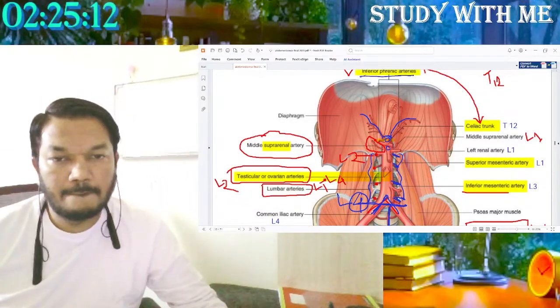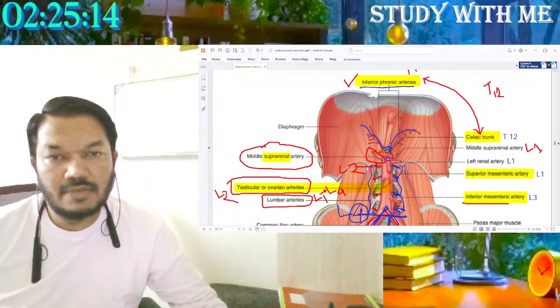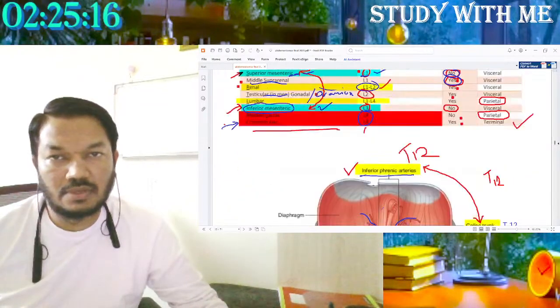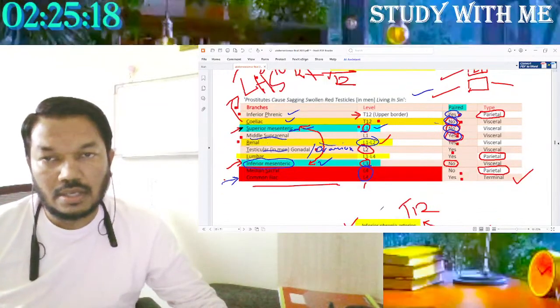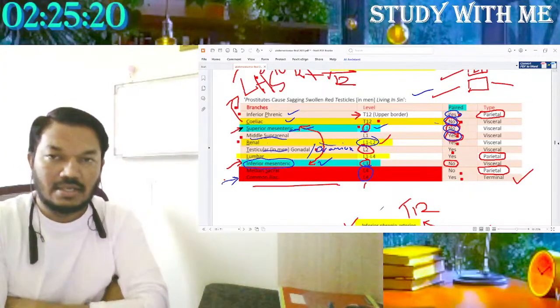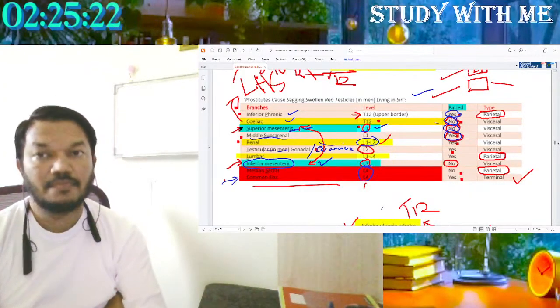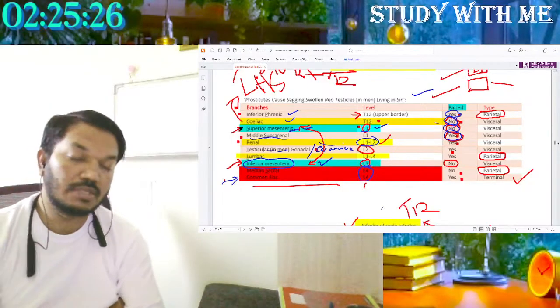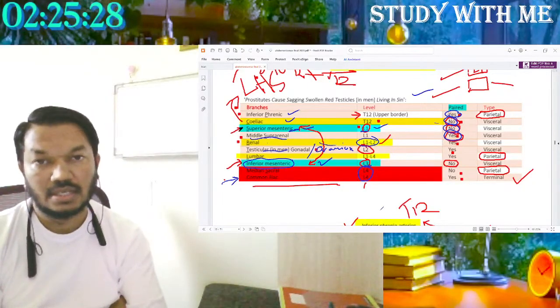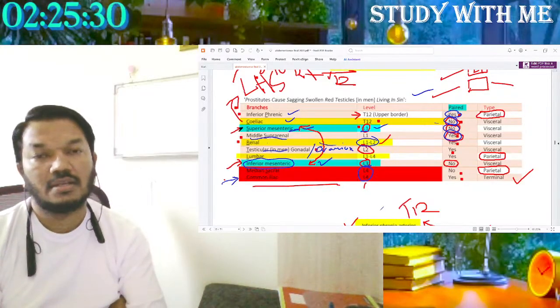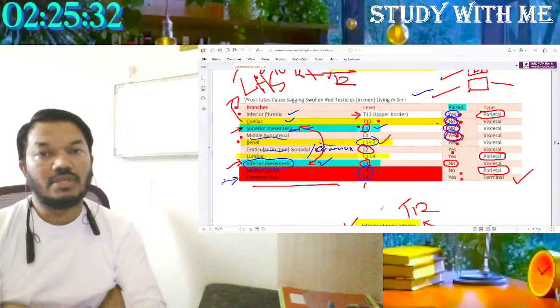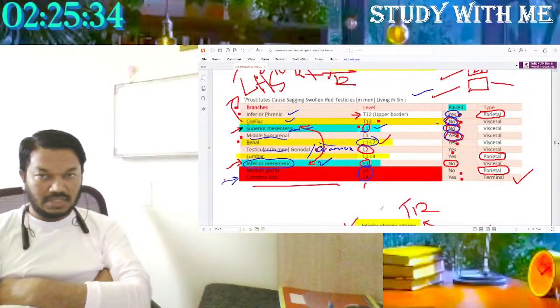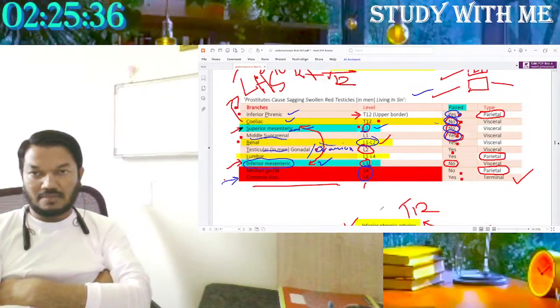Okay, this is very important, and from here you will get one question. Once again, the abdominal aorta, when it passes the diaphragm, has two branches immediately after the diaphragm, which also supply the diaphragm, that is inferior phrenic. Then anteriorly, we have celiac at the level of T12. This is single.